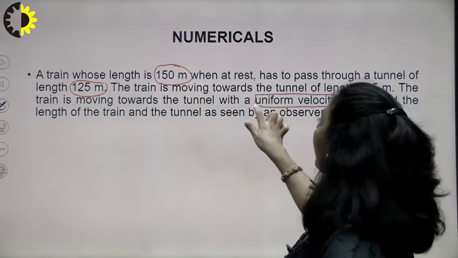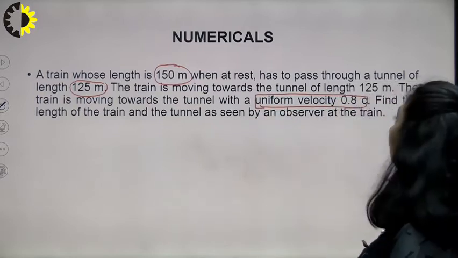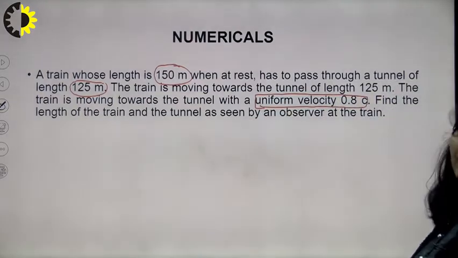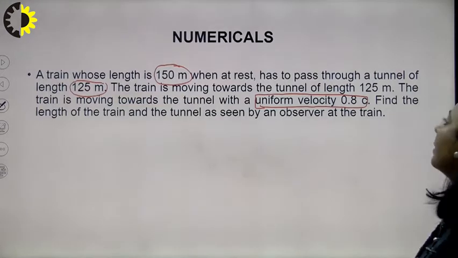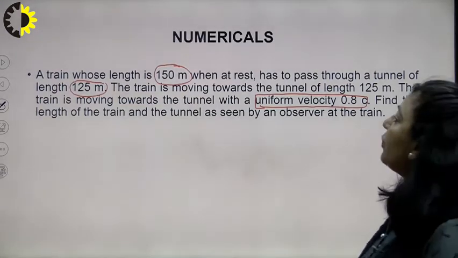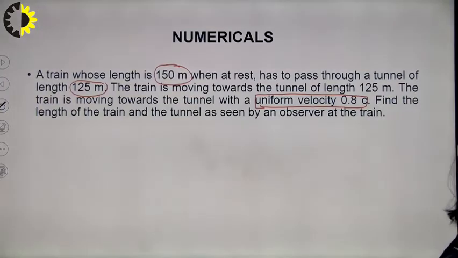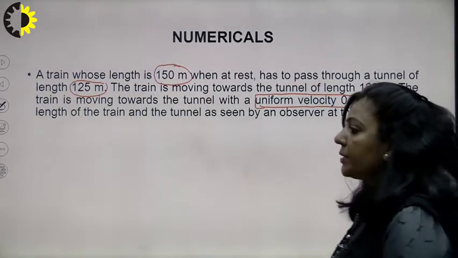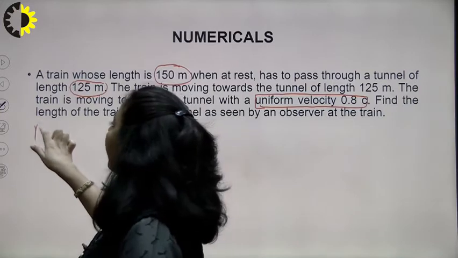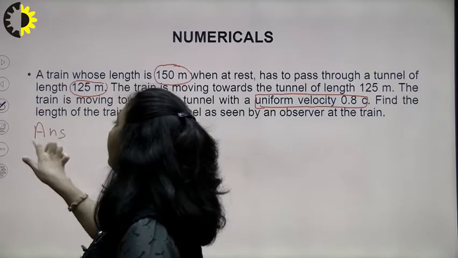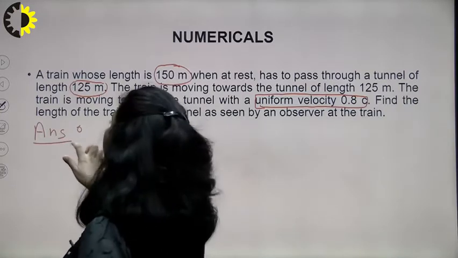Means the train is moving with 0.8 c, with this uniform velocity, towards the tunnel. Now find the length of the train and the tunnel as seen by an observer at the train. So the question is that the observer is sitting at the train.